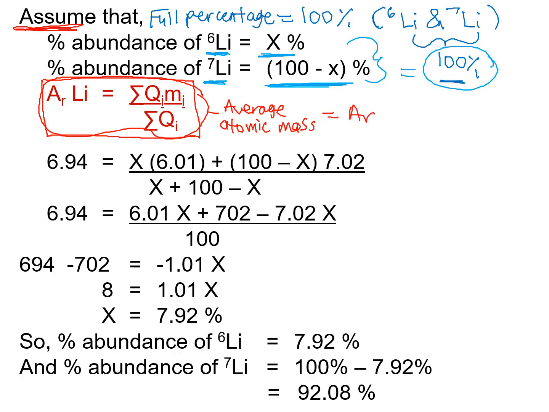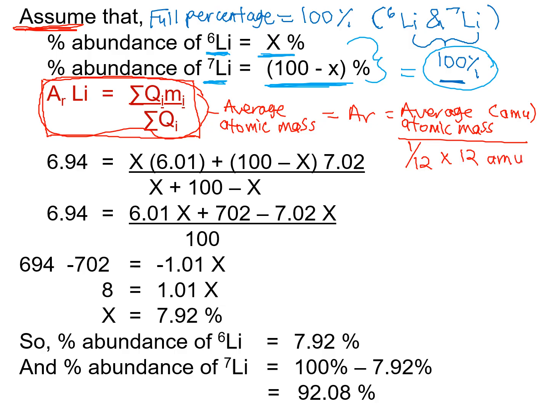Relative atomic mass is equals to average atomic mass in AMU kalikan dengan 1/12 kalikan dengan 12 AMU. Basically bila you potong ni, you dapatlah Ar is equals to average atomic mass. Equation average atomic mass pula ialah kimiki. So you masukkanlah kat sini. Okay.